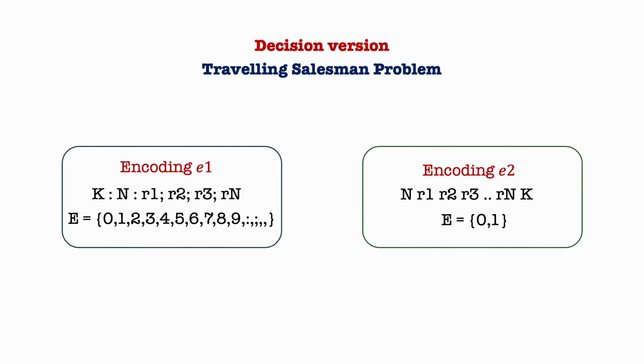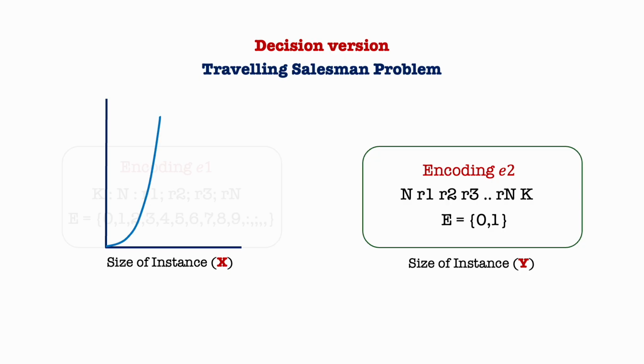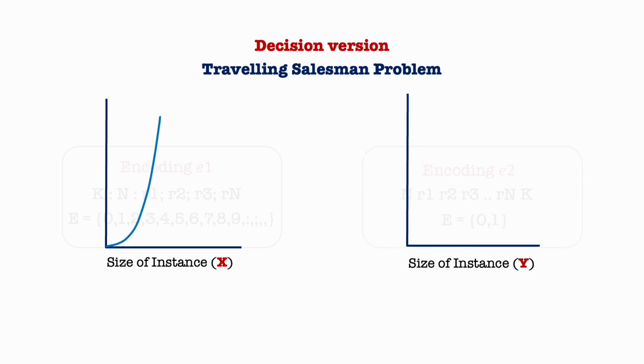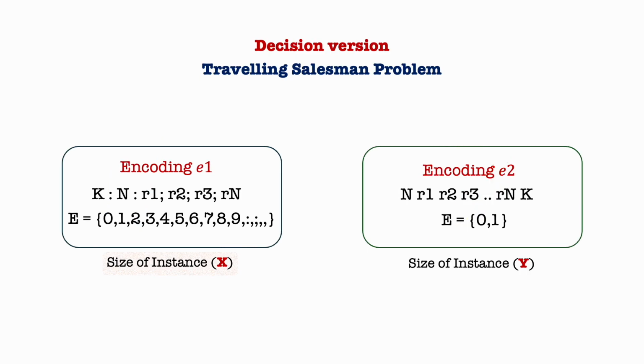So, there may be different ways to represent or encode a problem. One thing is clear: depending on the encoding scheme, the size of an instance may vary. If we analyze the complexity of a problem using one encoding scheme, our observation should not change drastically when we switch to another encoding scheme. Let us say under one encoding scheme, the input length or size of an instance is x, and under another encoding scheme, the size of the same instance is y.